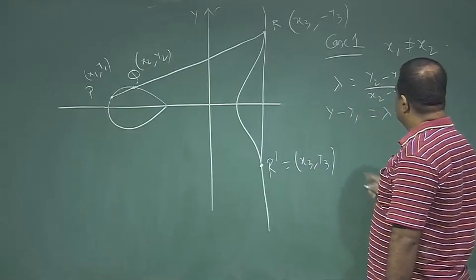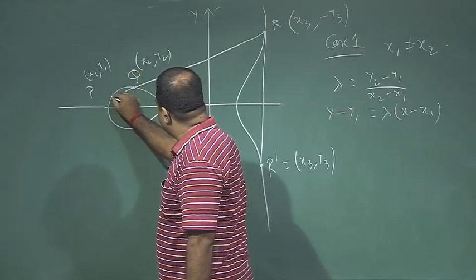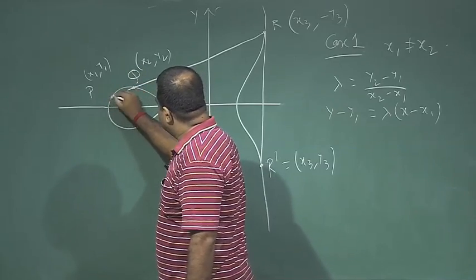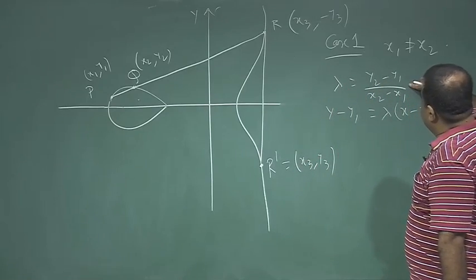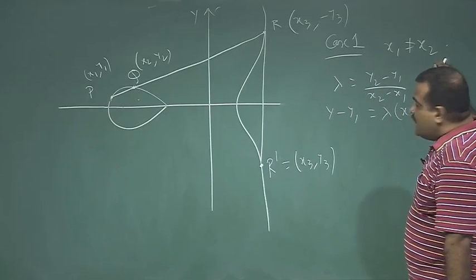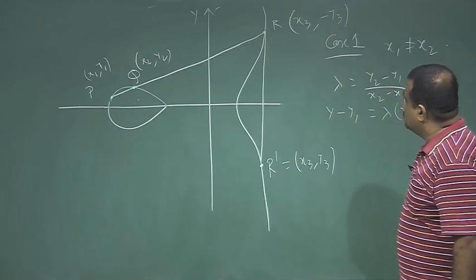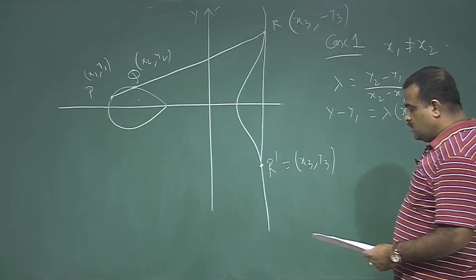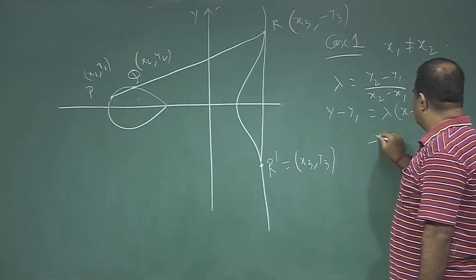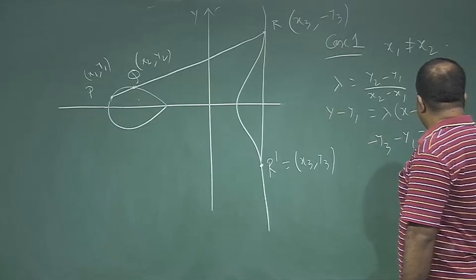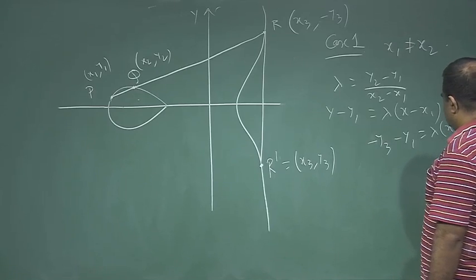So this is the equation of the straight line, and since x1 is not equal to x2, this will be a chord. So, this is perfectly okay. The slope of this line is y2 minus y1 by x2 minus x1, and this is the equation of the line, and now this line is passing through this. So, if you put this value, we are getting basically minus y3 minus y1 is equal to lambda into x3 minus x1.